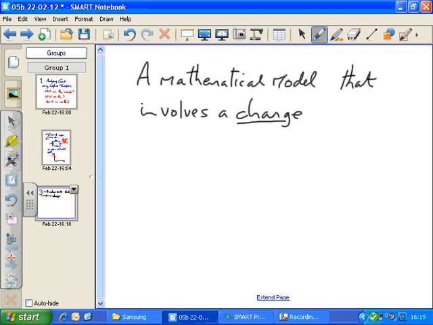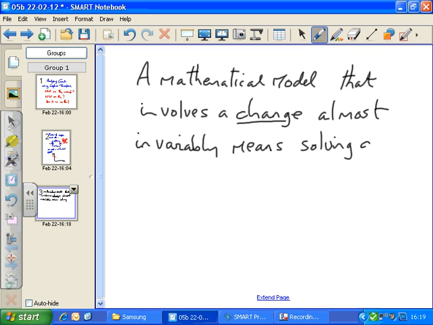Calculus, right. A mathematical model that involves change almost invariably means solving a differential equation.